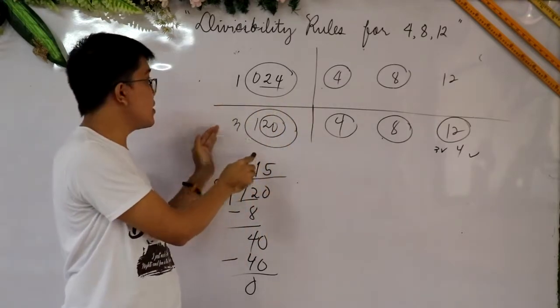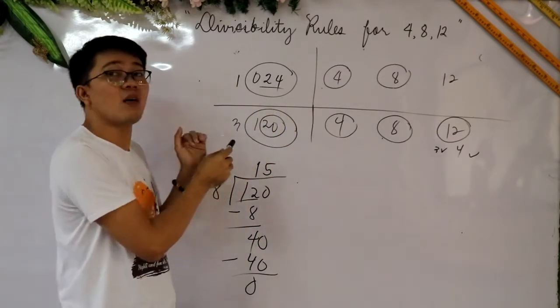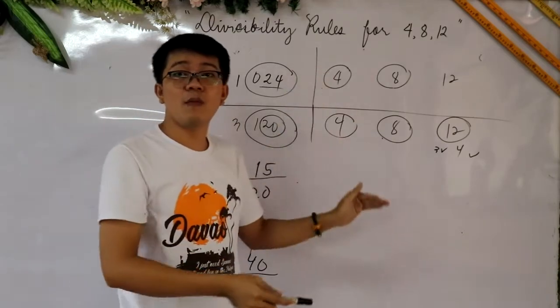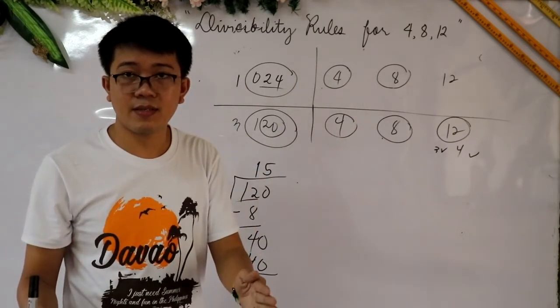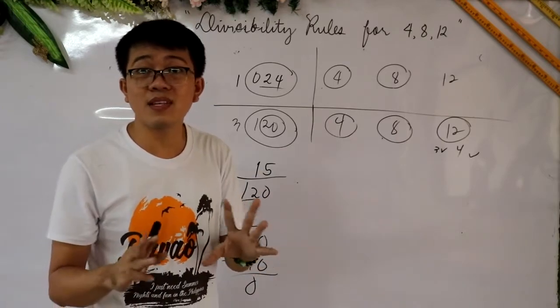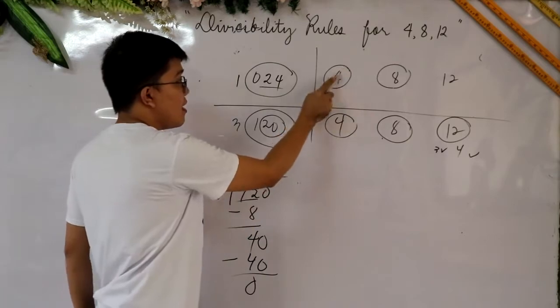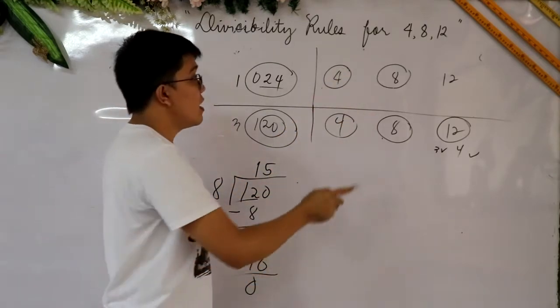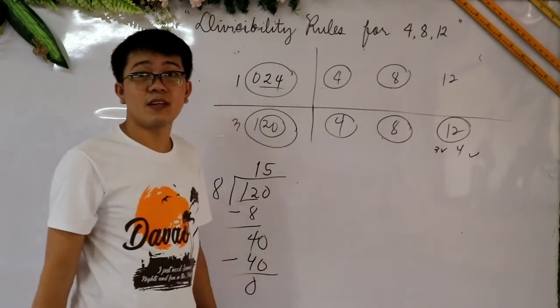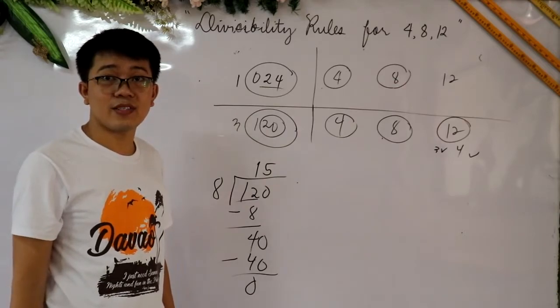Now what have you noticed here in the table? Two numbers here, the 1,024 and 3,120, have common exact divisors. What are those common? When I say common, the same exact divisors. Yes, they both have 4 and 8 as exact divisors.